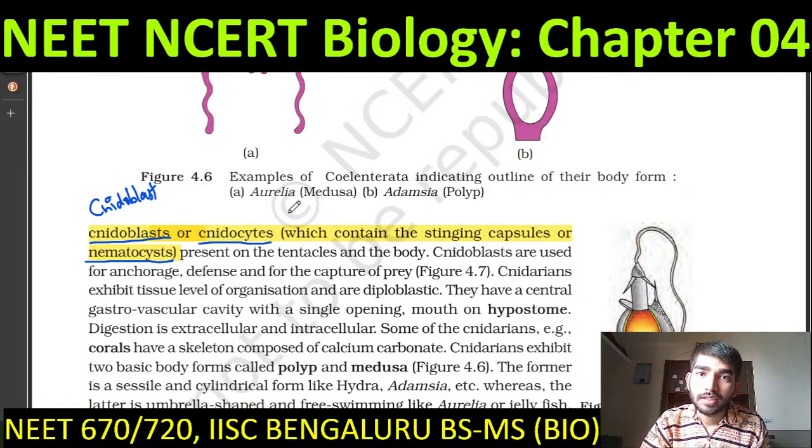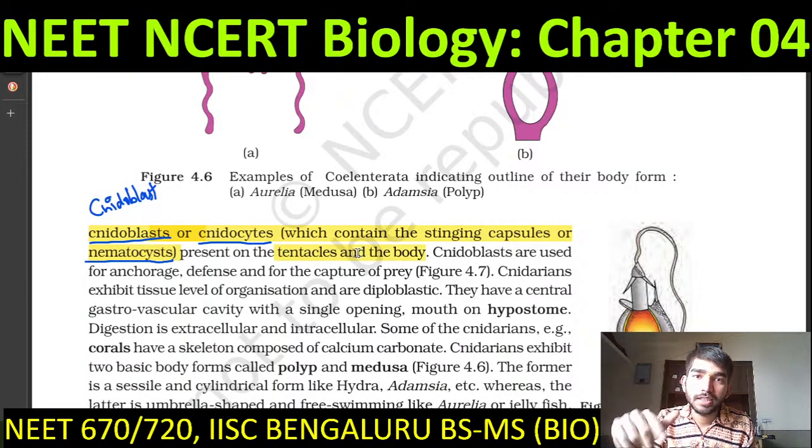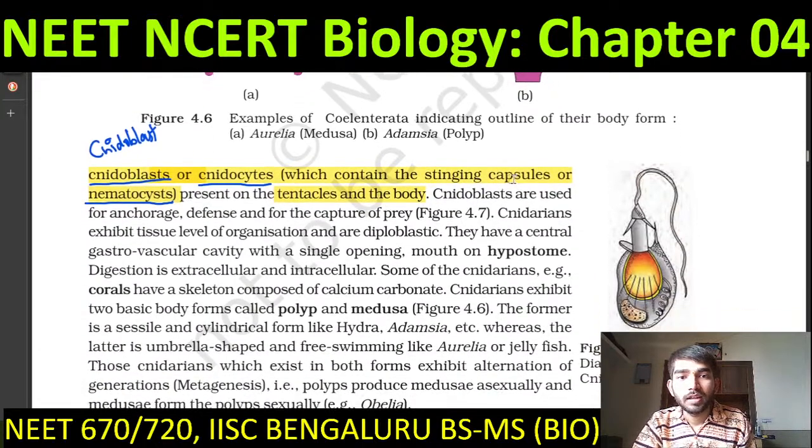That is why the members of this group are called cnidarians. They are present on the tentacles and the body. For stinging, it has this structure called nematocyst. Cnidoblasts are used for anchorage, defense and capture of prey.